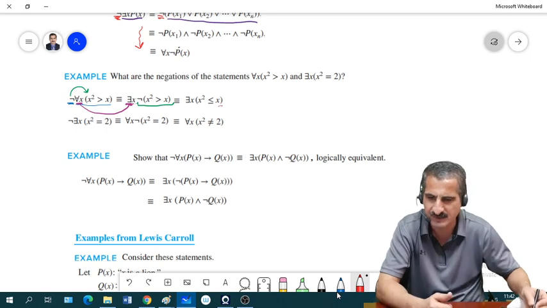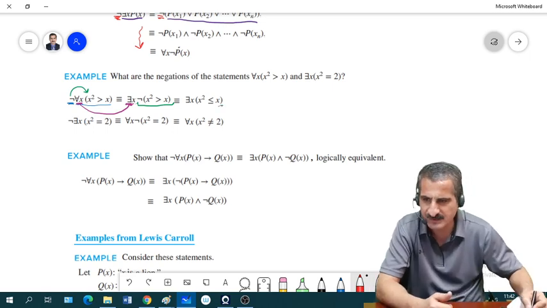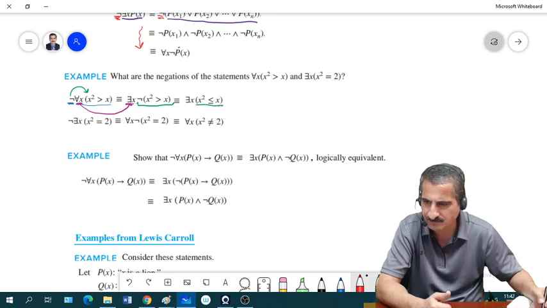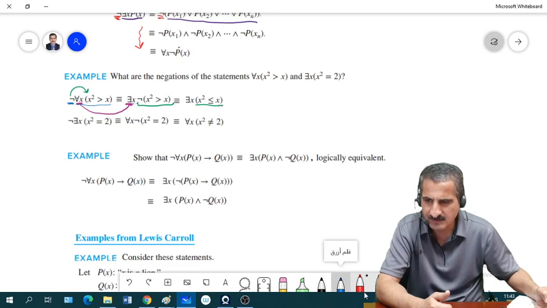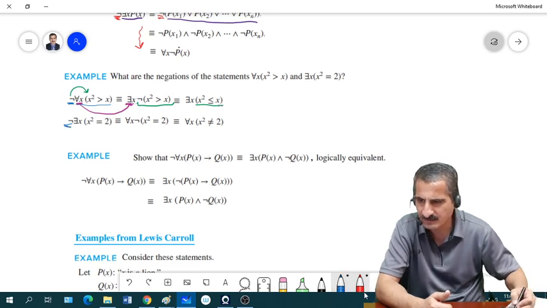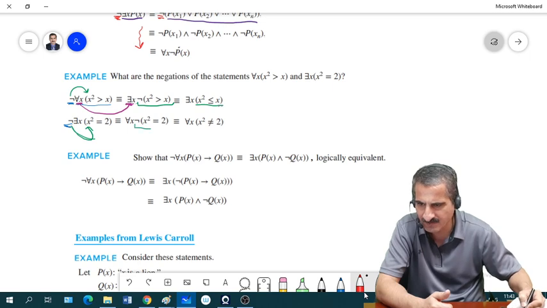This is the negation, and the existential is here. Now again, take the negation to the inside, and we have the negation of x squared equals 2, which means x squared does not equal 2. And here we are changing the existential to universal. Okay.